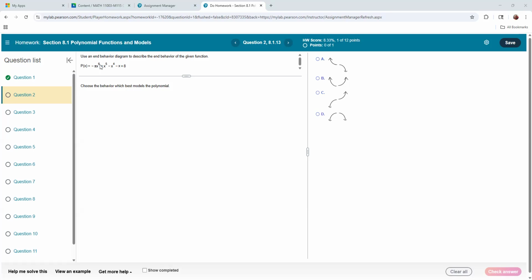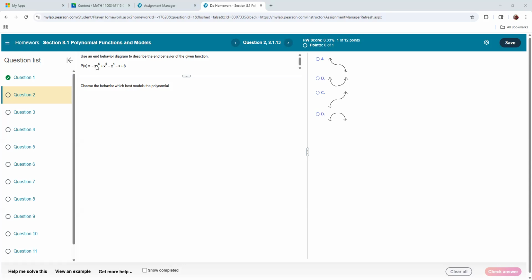So 6 is an even degree this time, and pi is negative. So what would I use if I have an even degree and a negative lead coefficient? Would y'all go with A, B, C, or D?